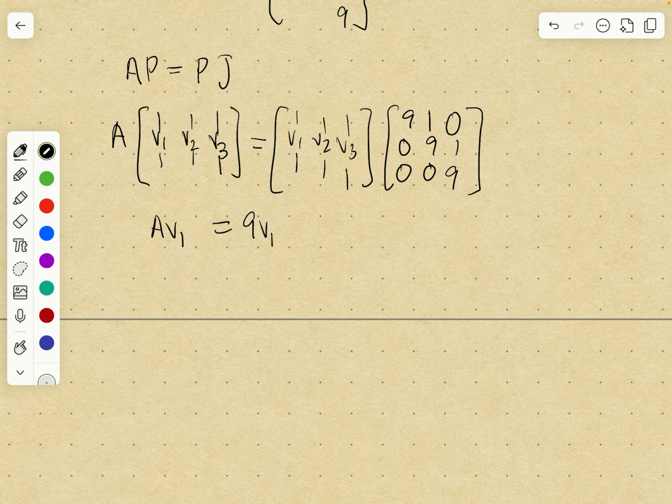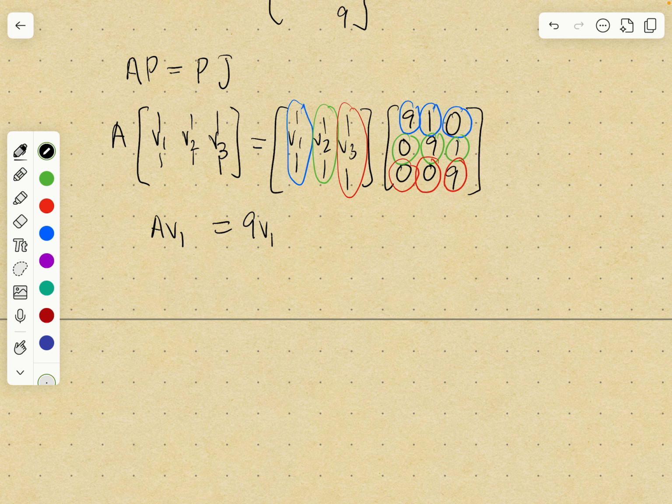Well, let's just fill in all with zeros. So the first column is 9V1 plus 0V2 plus 0V3. So that would be the first column of the matrix on the right.